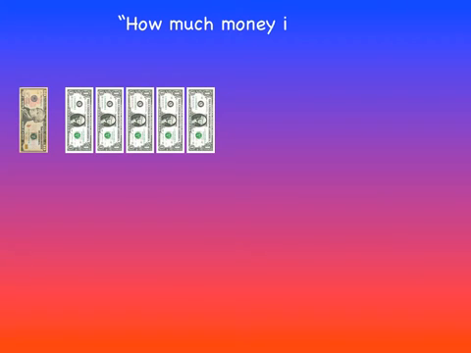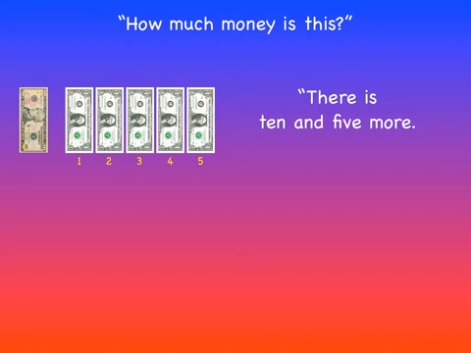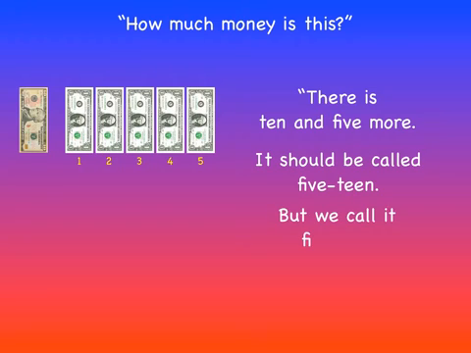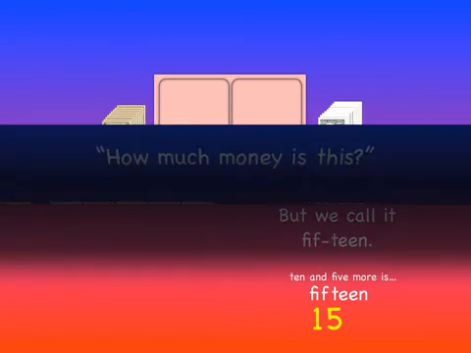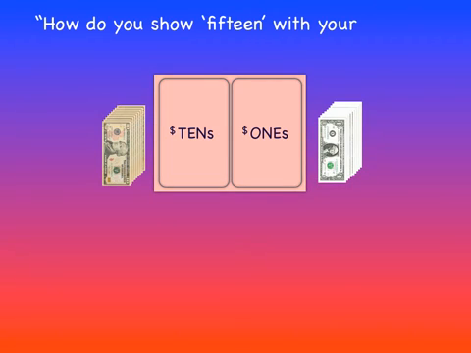How much money is this? Well, you can see there's 10 and 5 more. It should be called 10-5, but we call it 15. Go figure. 10 and 5 more is 15. Good. How do you show 15 with your money?